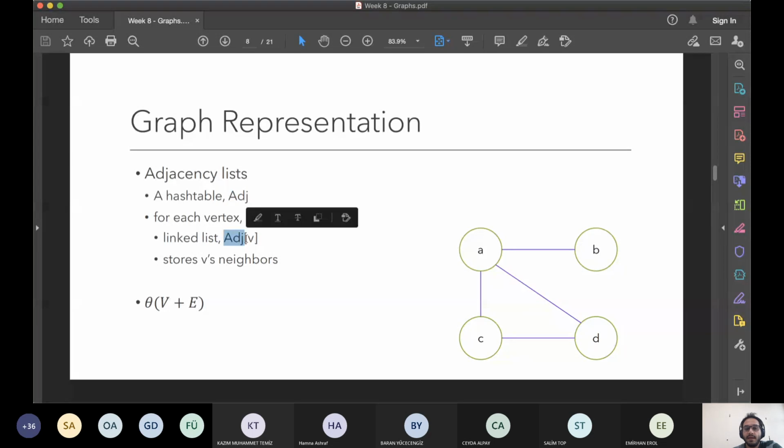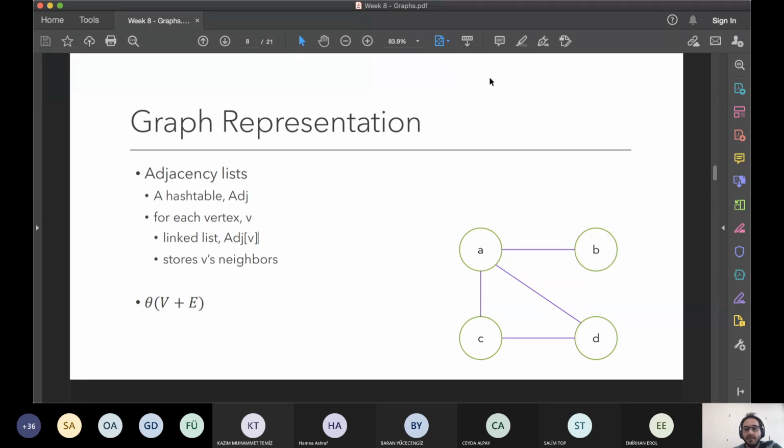And here, the vertex V is your key, and the value for this key is the linked list. When you provide this vertex V to your hash table, you will receive a linked list which stores V's neighbors.